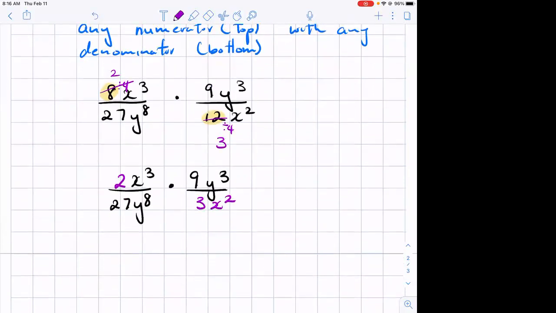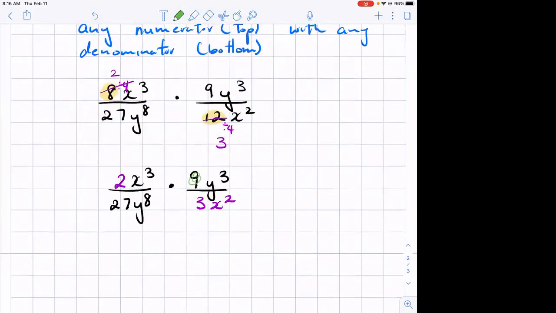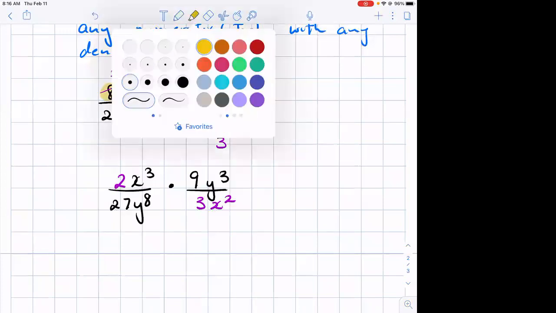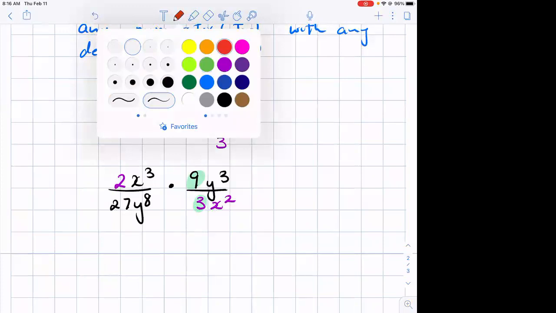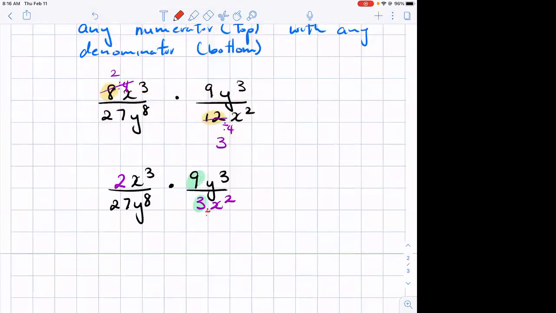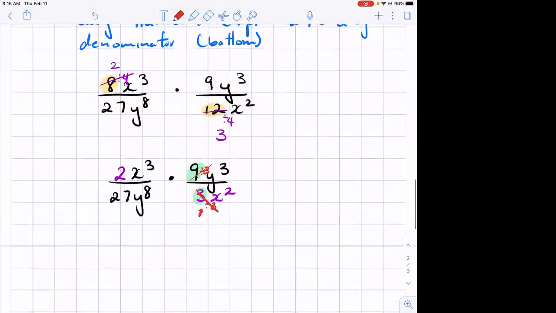Okay. Now, if you pay attention again, I can simplify this 9 and this 3 because it's a top and a bottom. I can divide both terms by 3. Yeah? If I divide this by 3 and this by 3, this becomes a 1, and this becomes a 3.